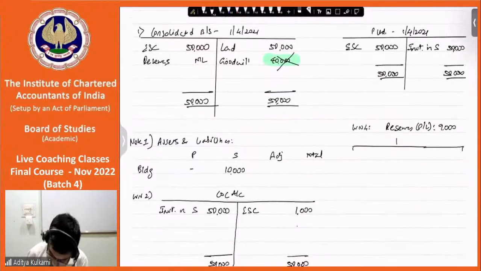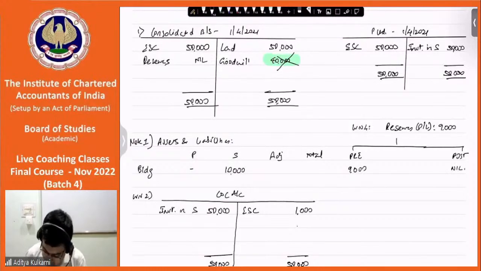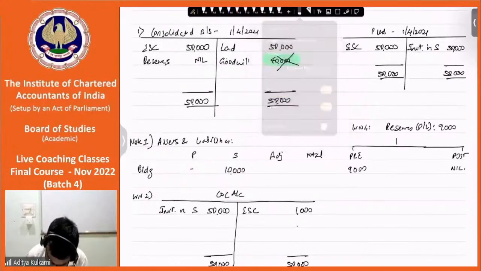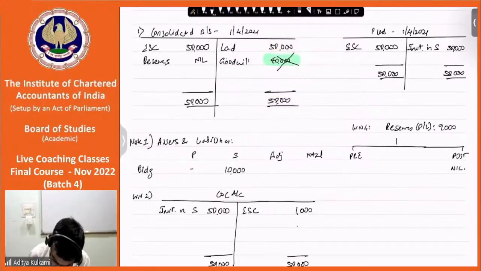And if this balance is 9,000, this is on the date of acquisition. Entire 9,000 is pre. So post is 0. So that means to this pre-balance, there is a revaluation adjustment that is happening.